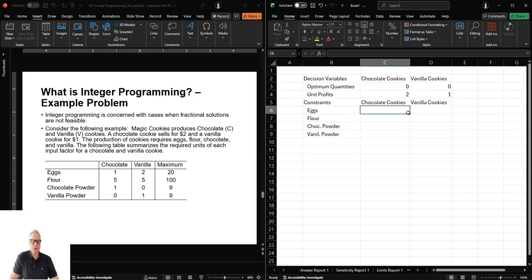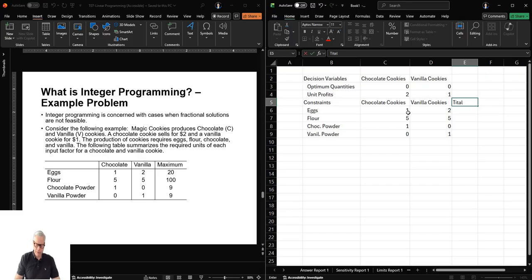So we can just copy this table quickly. 1, 5, 1, 0, 2, 5, 0, 1, 2, 5, 0, 1. Then we create a column with the total usage.